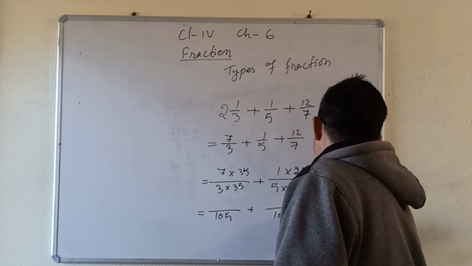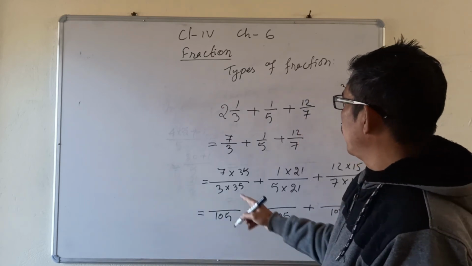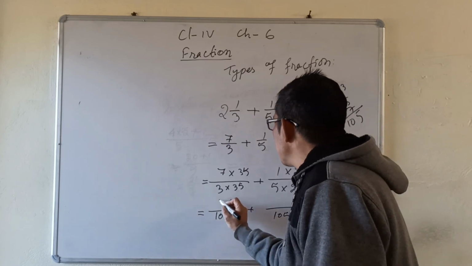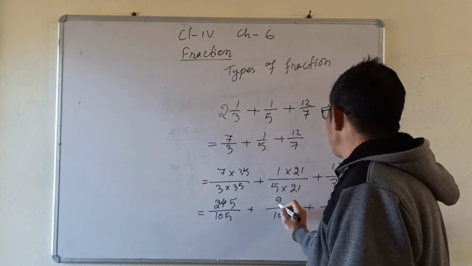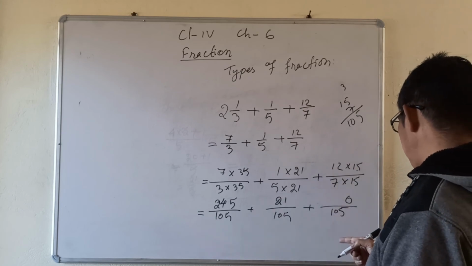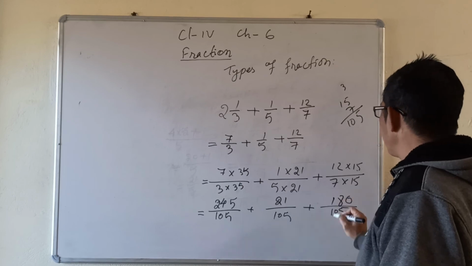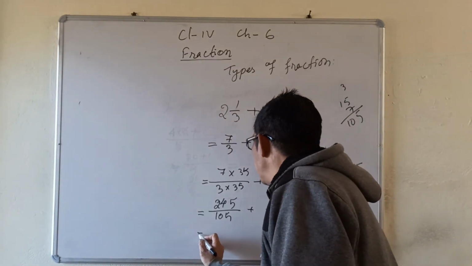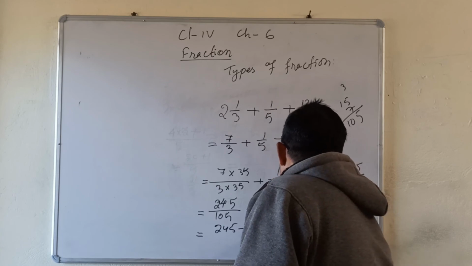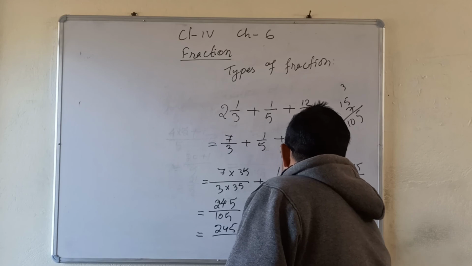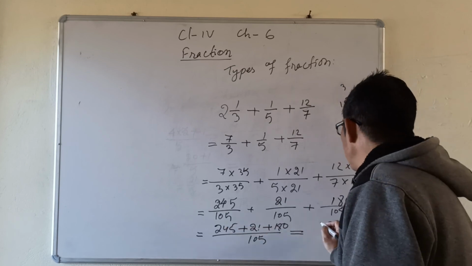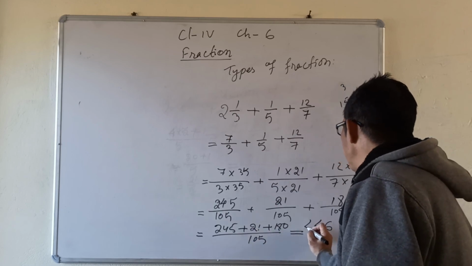So we give 105. 105. Then 7 5s are 35. 7 3s are 21. 21 1s are 21. 5 2s are 10.